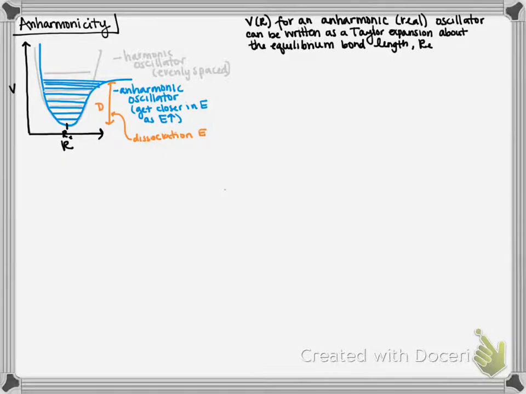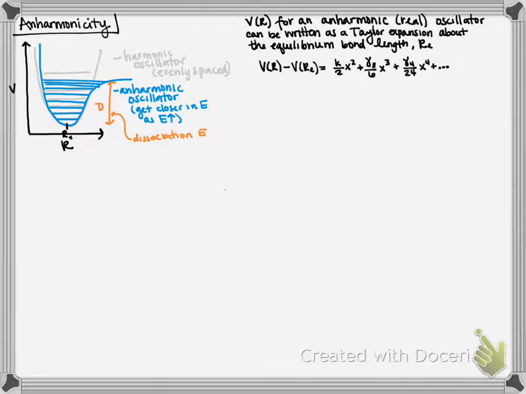It's also sometimes called R sub E, which would just be the equilibrium bond length or equilibrium internuclear distance for two atoms. And so we can write this Taylor expansion. It would be V of R minus our equilibrium potential, and it's going to give us something that looks like this.